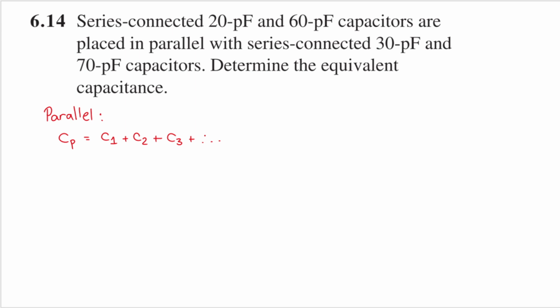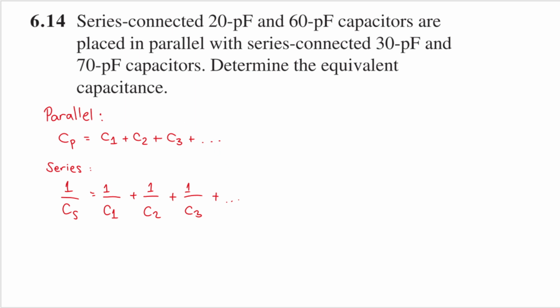But if it is in series, we will have 1 over the capacitance in series is equal to 1 over C1 plus 1 over C2 plus 1 over C3 and so on. Right? So with this in mind, let's solve this problem.